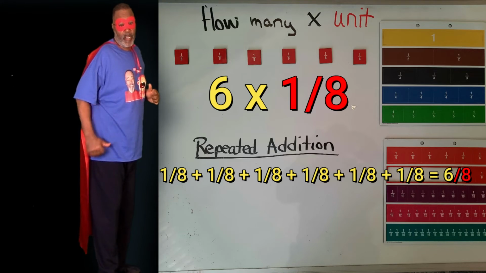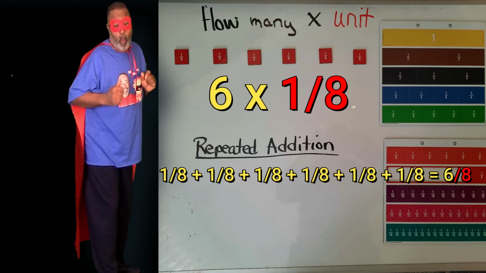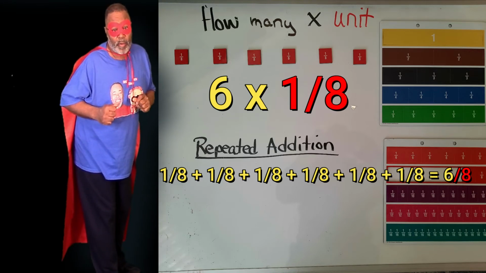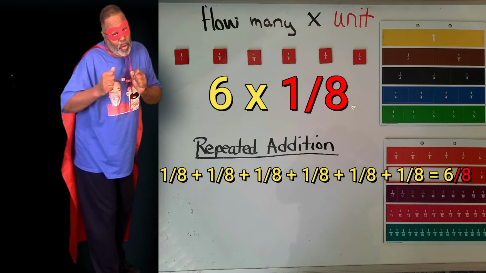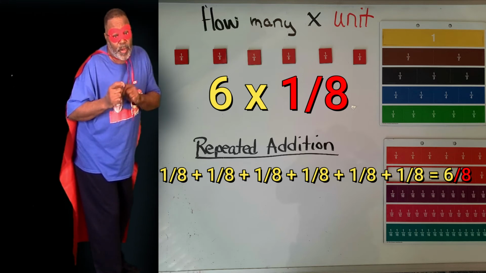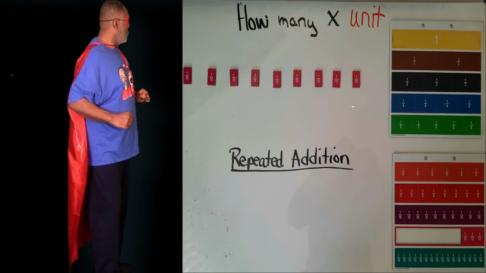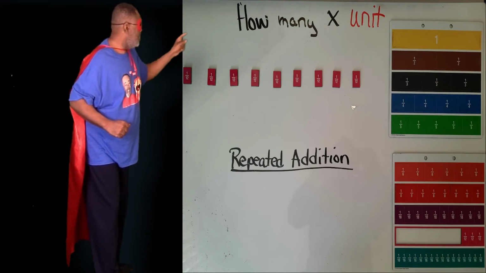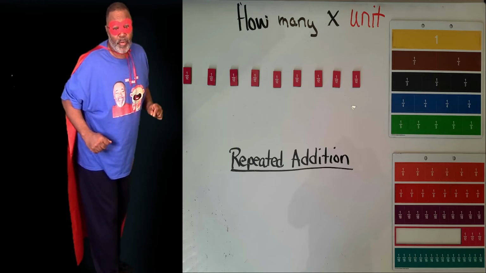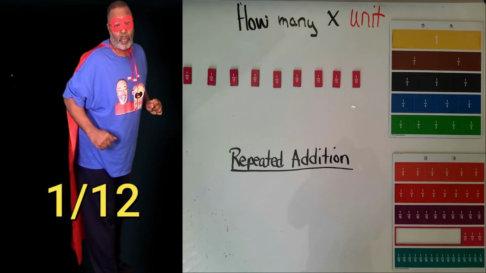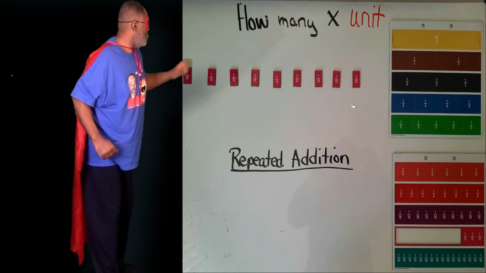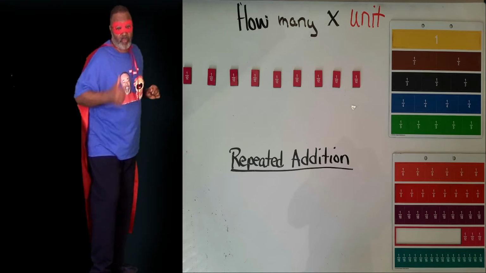Very good. And now I got one more example. Are you ready? I know you can do it. All right, here it is. Wow. Wow, look at this one. What is my unit now? My unit is 1/12. That's right.